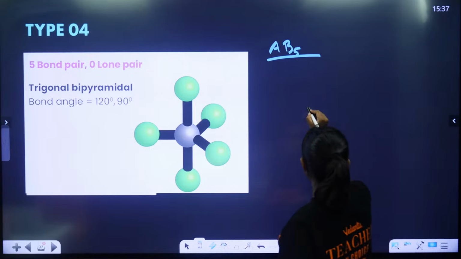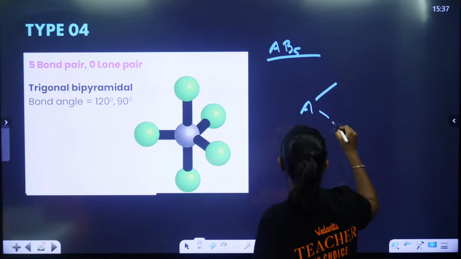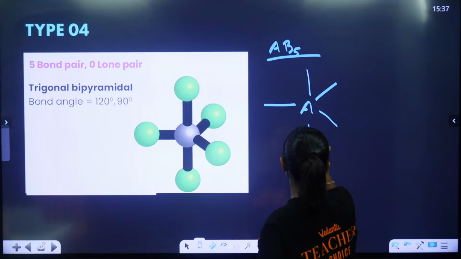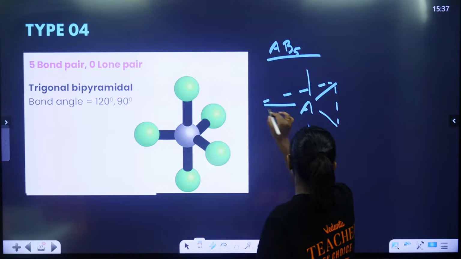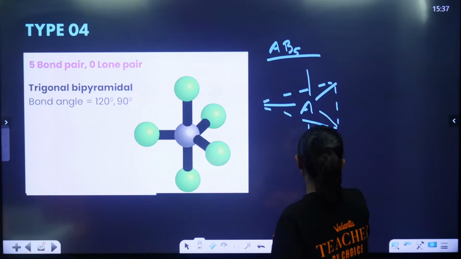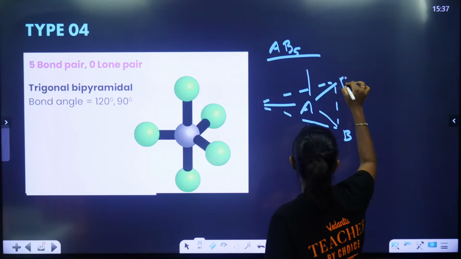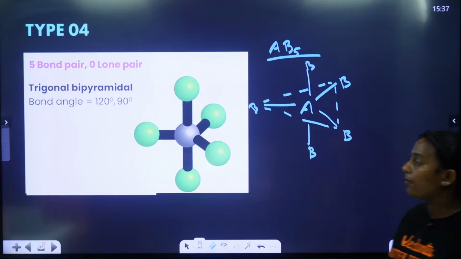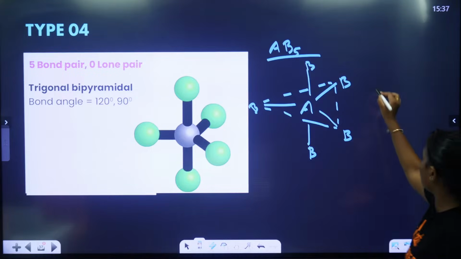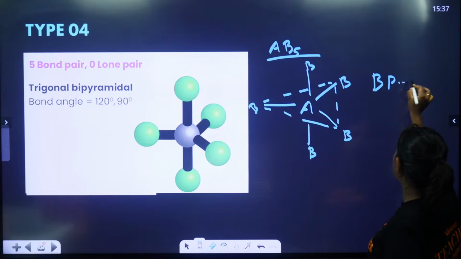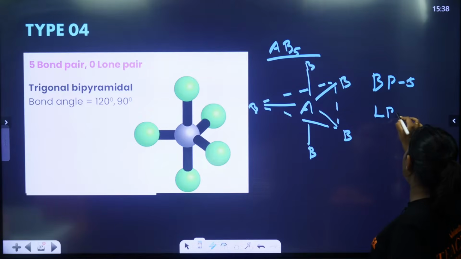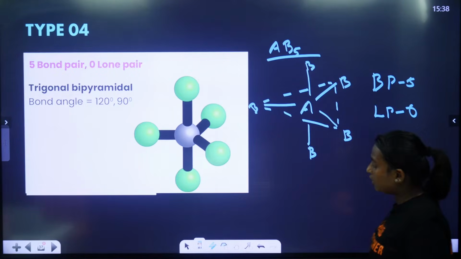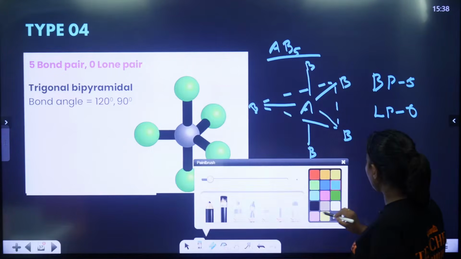So I will draw the structure: A with B, B, B, B, B. So bond pair is 5 and lone pair is 0. So here we can write the geometry and shape.